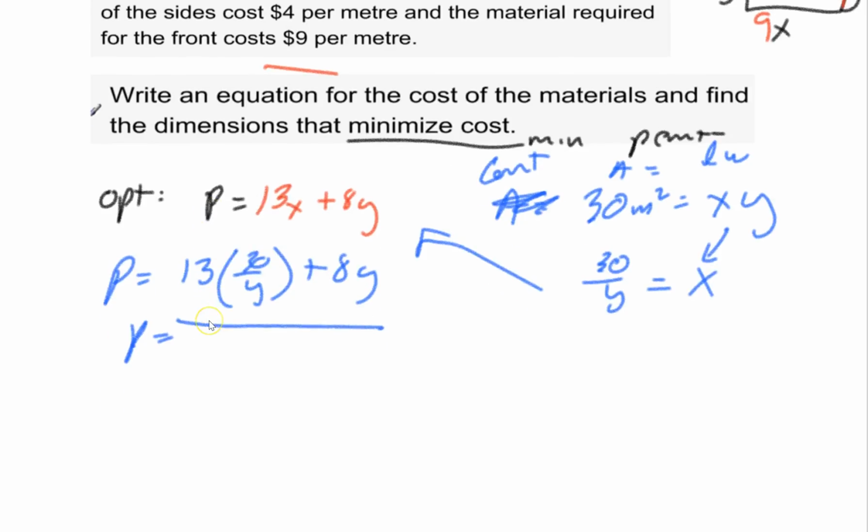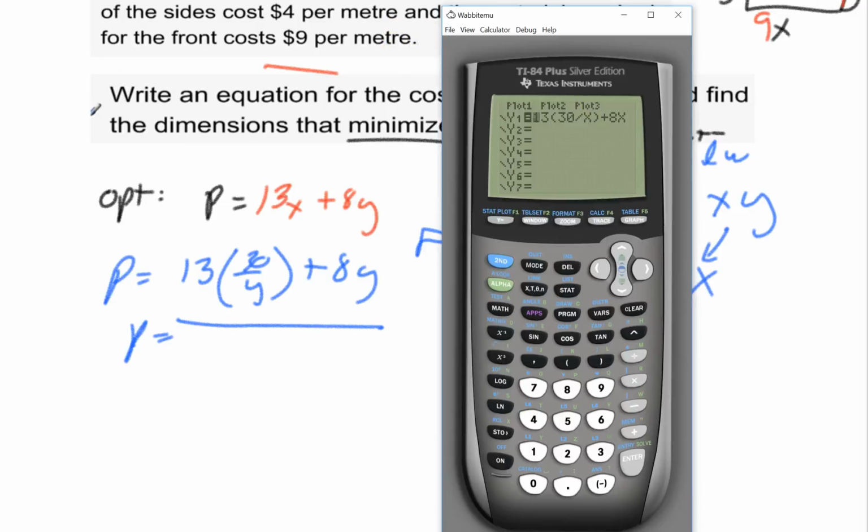Now, if I'm trying to find the minimum cost, again, there are two ways to solve it. One, I could take the derivative and set it equal to 0. If I can use a calculator, then I just plug into my calculator and figure out what the min is. I type it into my calculator. You notice that there's x's there because we can't use other variables, so just use x. I hit graph and I don't see anything. You probably have to zoom out or fix your window. A couple ways to do it. One way is zoom fit.